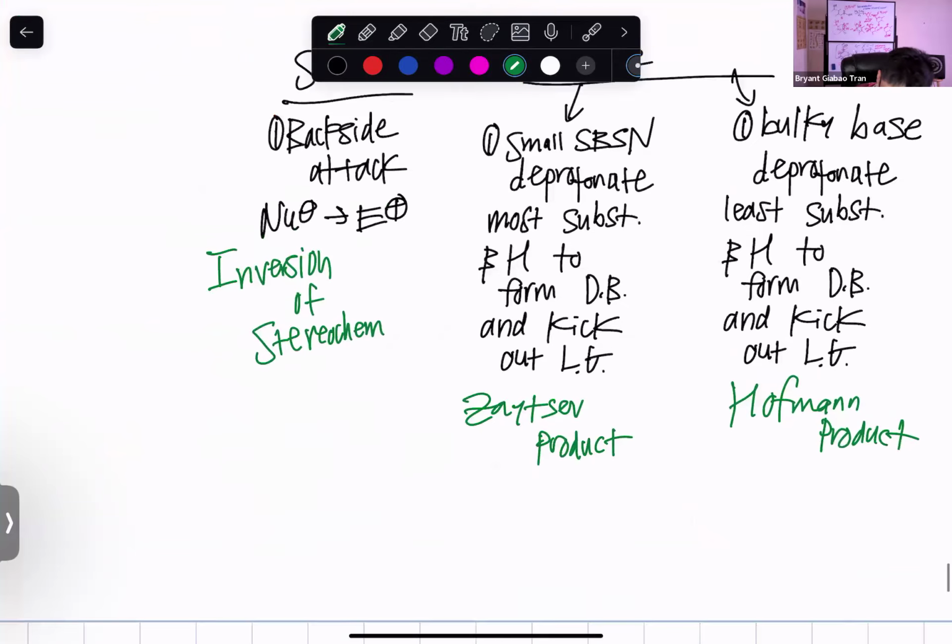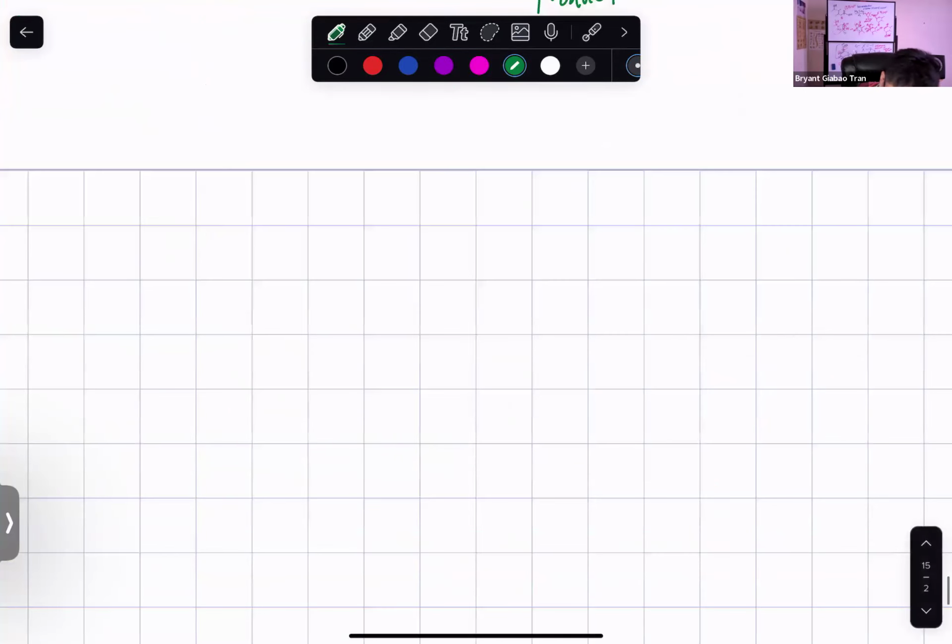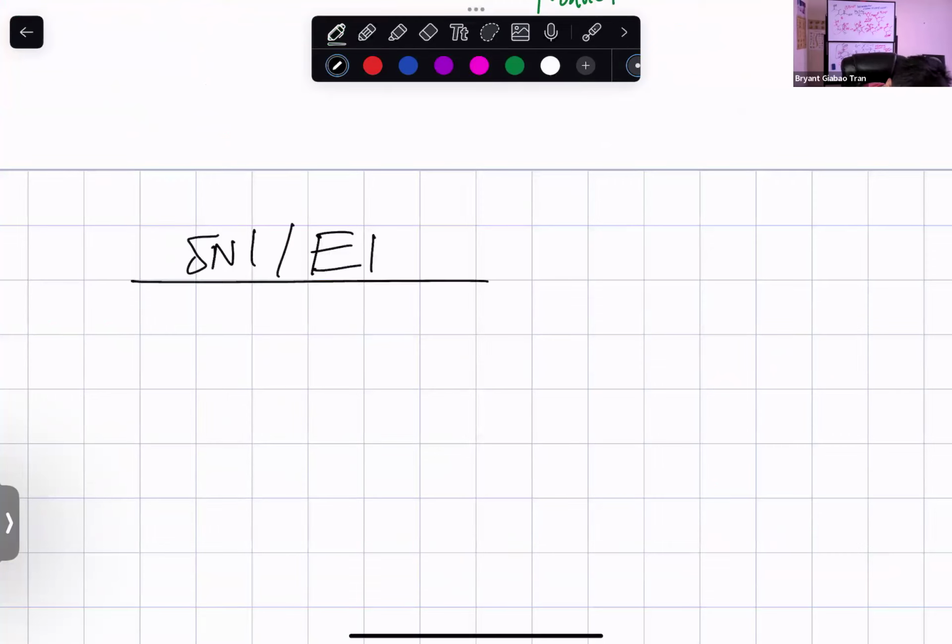The backside attack. Okay, now SN1, E1, it's multiple steps. The first step, kick out the leaving group.